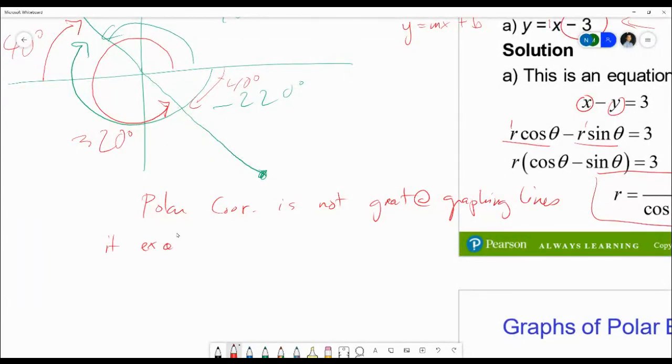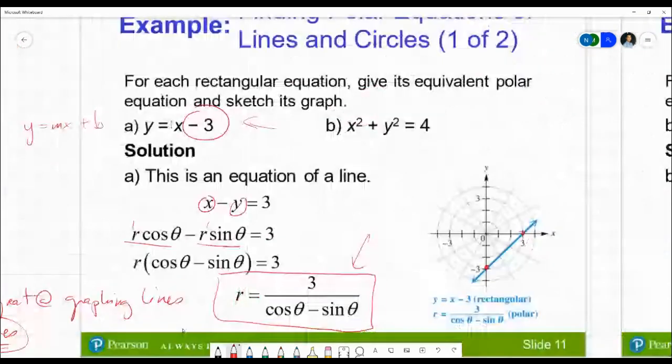It excels in sketching curves. That's the majority, and that's the reason why we use polar coordinates, because it involves theta, and theta helps us sketch curves.